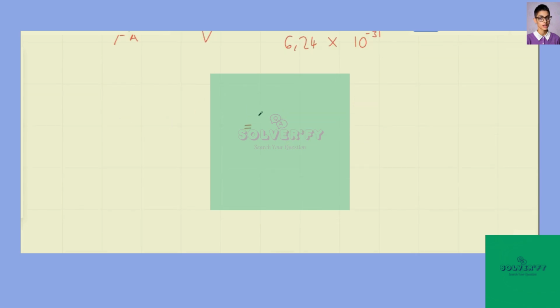And this gives us a density of 2.68 times 10 to the 3 kg per cubic meter.